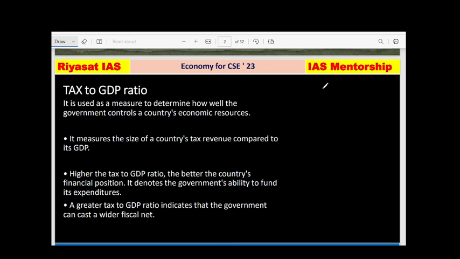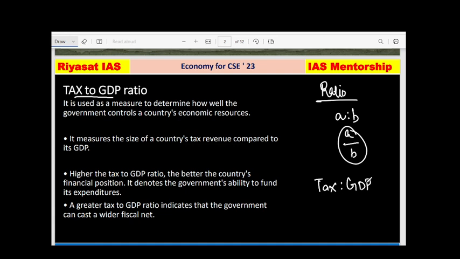Basically, if we talk about ratio in mathematics, what does it mean? It means A is to B, that means A by B. So if I am saying tax to GDP ratio, it means tax is to GDP, or you can write it in this form also, tax upon GDP, correct? Understand this with an example.